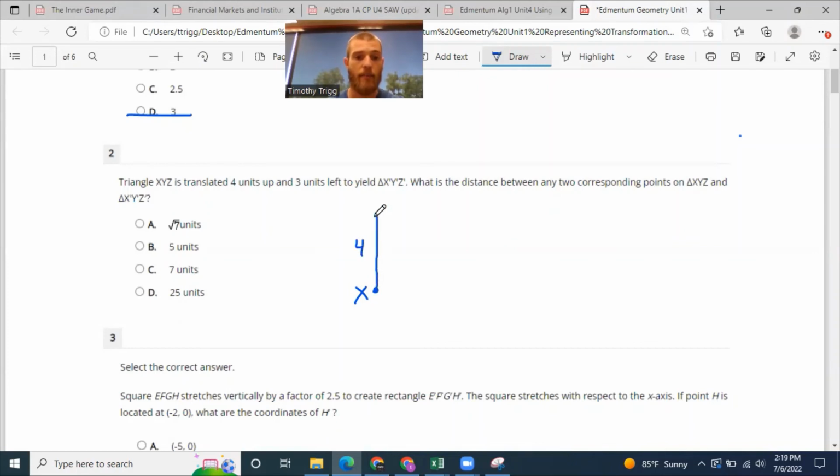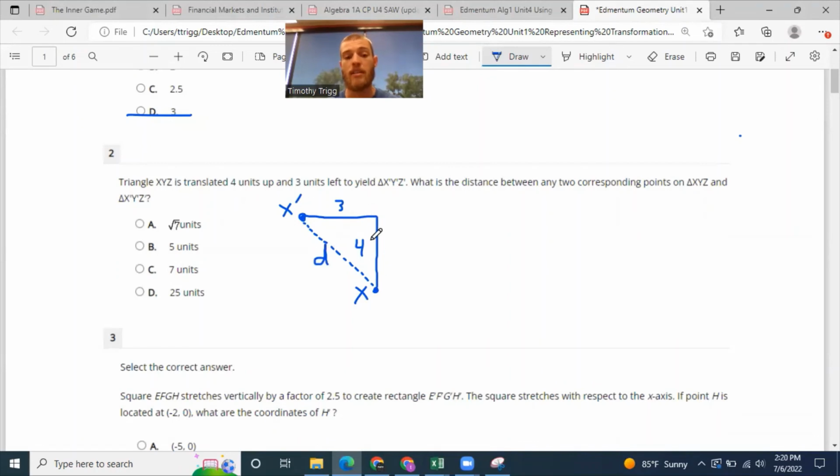And then to the left, 3 units. And then here now is X prime. Okay, so that's the image. So I want to know what's this distance here. I'm going to put D for distance.